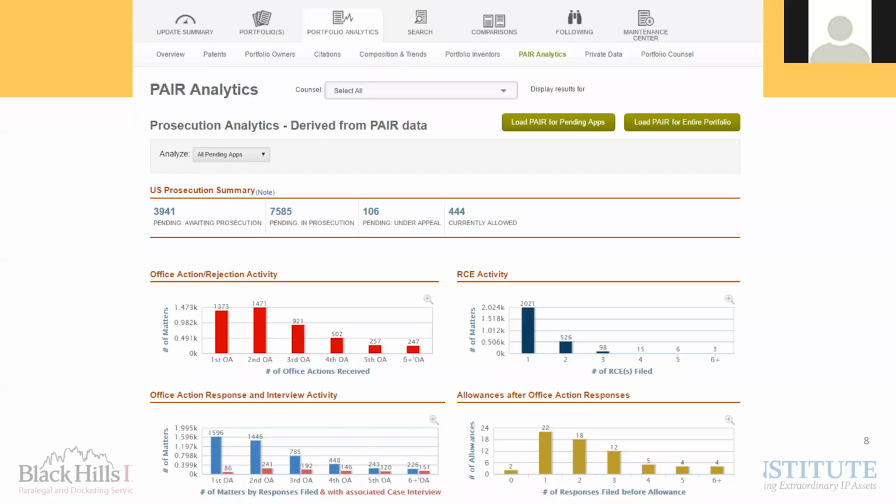Depending on your portfolio size, you may be able to pull this information from PAIR, or you may be able to pull this information from a docketing system and be able to compile it in similar ways to get different views.